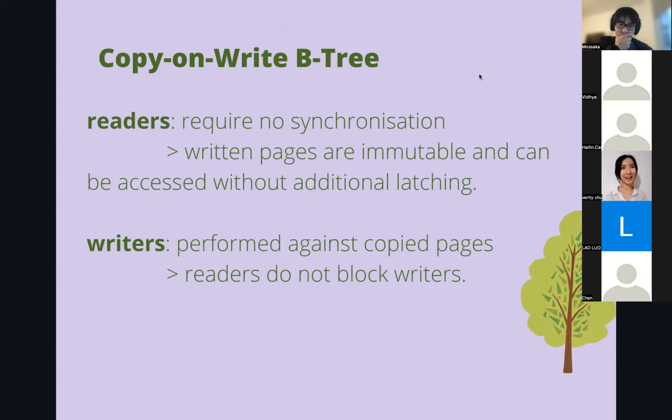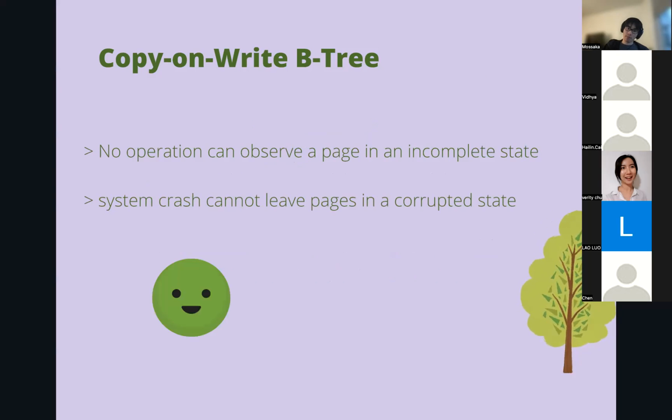From the writer's side, it is able to perform writes against the copied pages, which means readers will not block writers. And from that, we can see this leads to two advantages. The first one is that no operation can observe a page in an incomplete state.